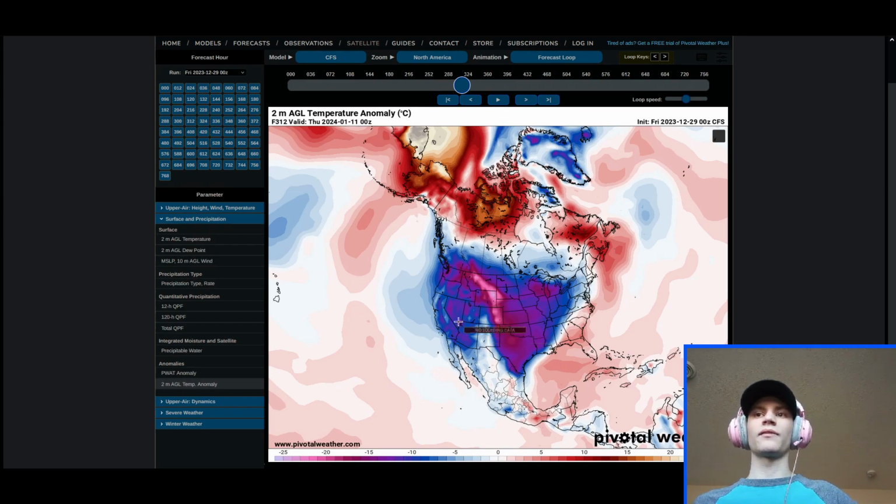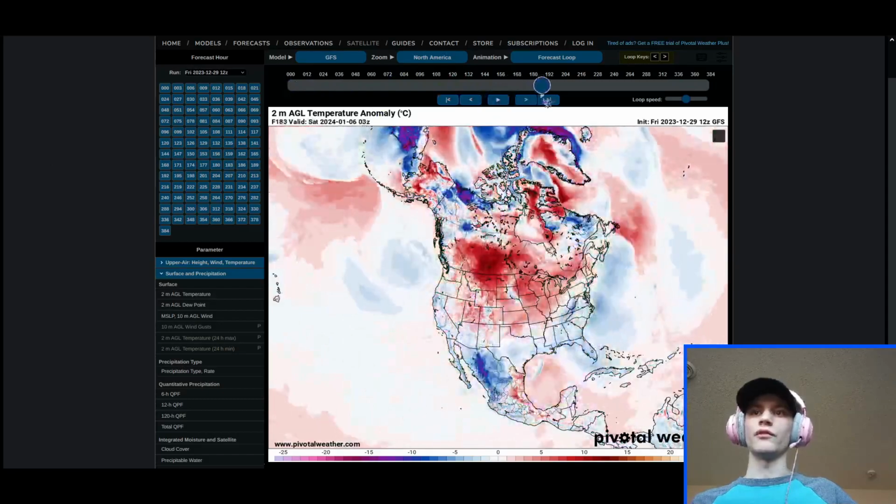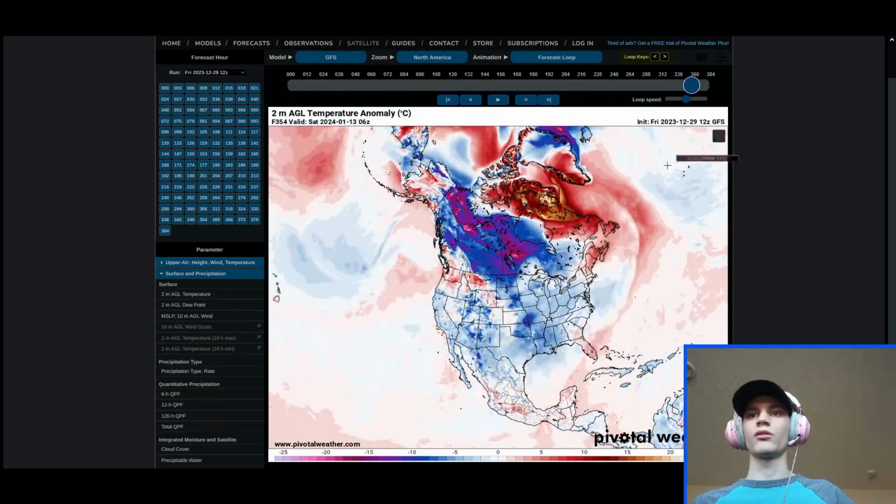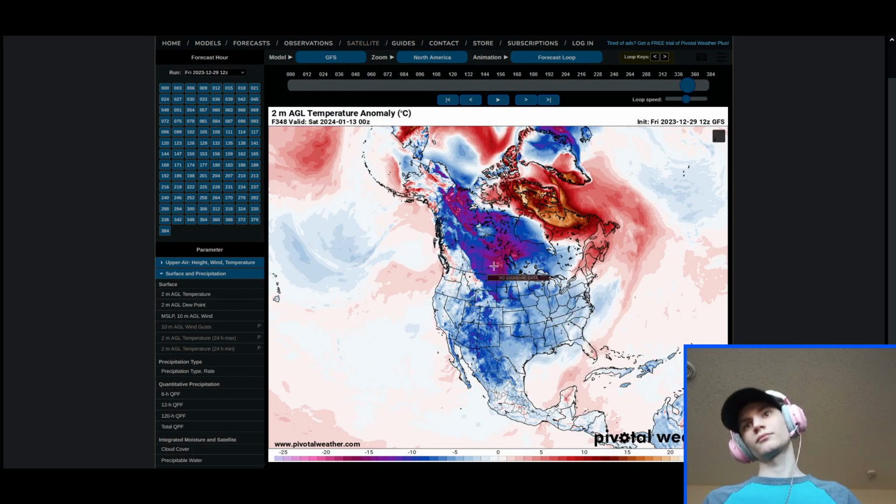So we could see something like this to some degree, maybe not, but for sure the west coast will be below normal, and I think we will also get a taste of that, which GFS forecasts like this. So generally, yeah, we'll be below normal. Since Canada is generally our source of cold air, since they're a lot colder, any cold air that begins to be pulled down south, we're going to get a lot colder because of them.